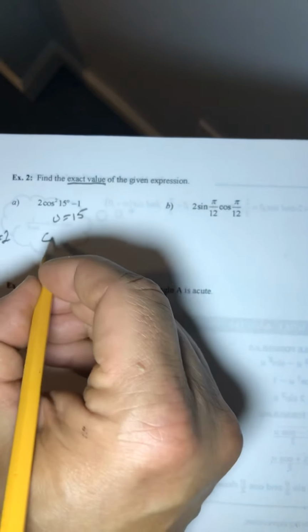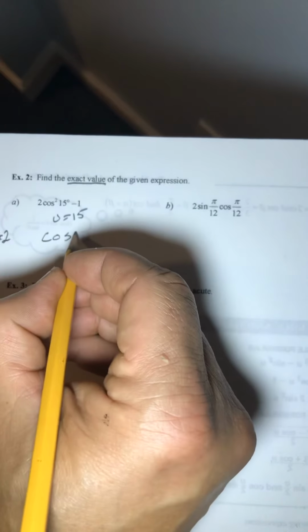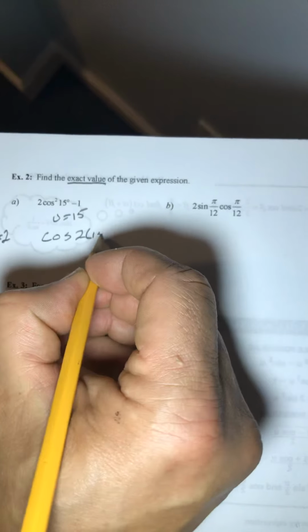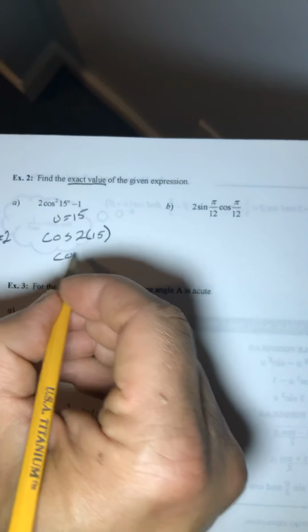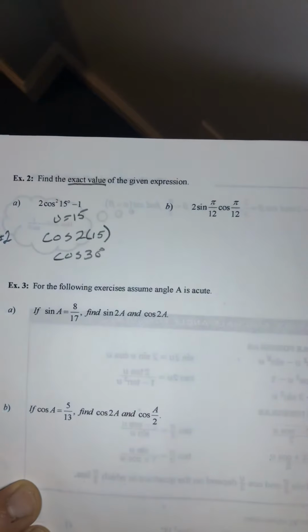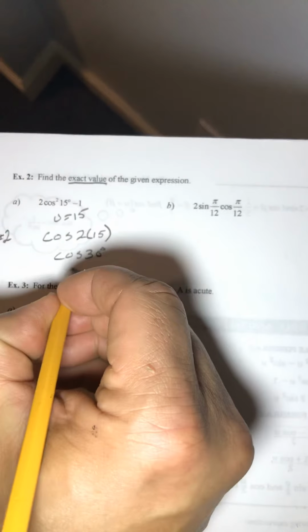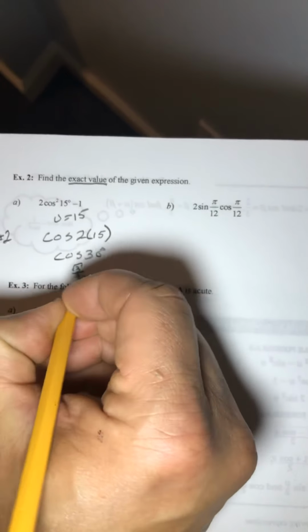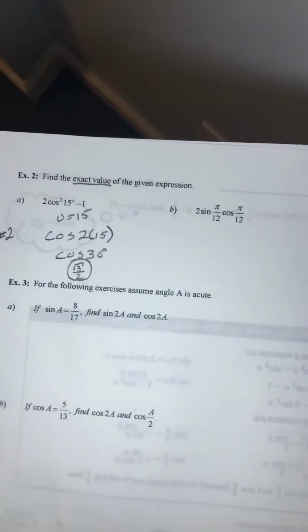So we're doing cosine of 2 times 15, it's a double angle. And 2 times 15 is 30 degrees, and then you use your knowledge of the unit circle to give the exact value of radical 3 over 2. So just putting a little twist on it, where at the end you have to tell me what the answer is.